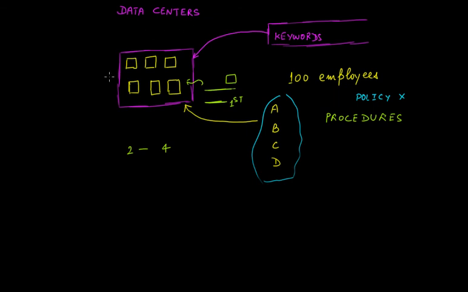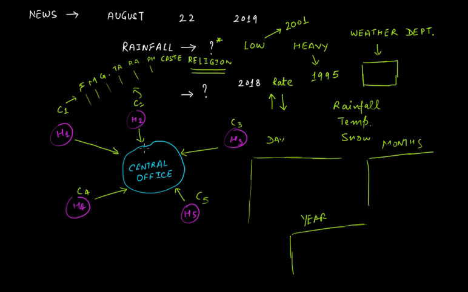I have shown you this example of data centers. I showed you the example of the zonal office or the central office that is collecting data from the hospitals. I'm sure I have shown you how the weather department collects data on rainfall, temperature and snow and whatever.